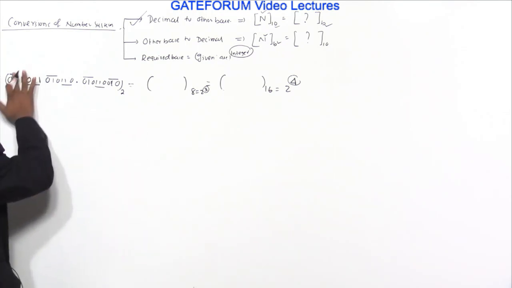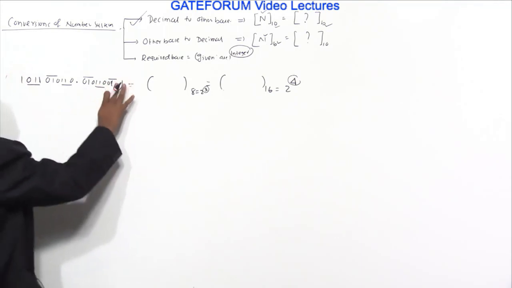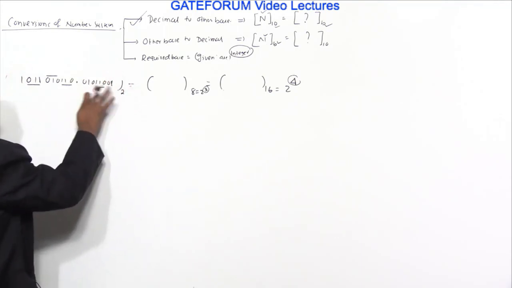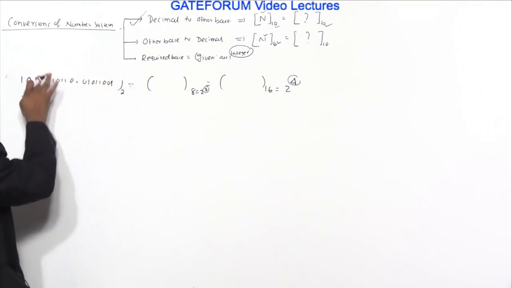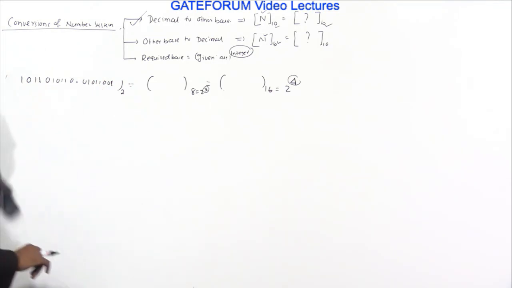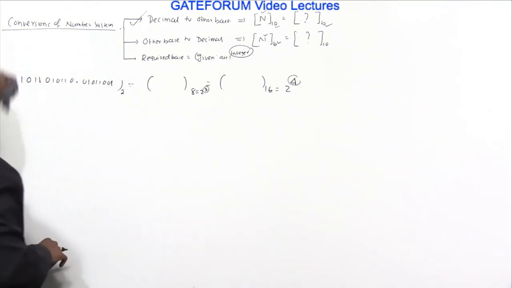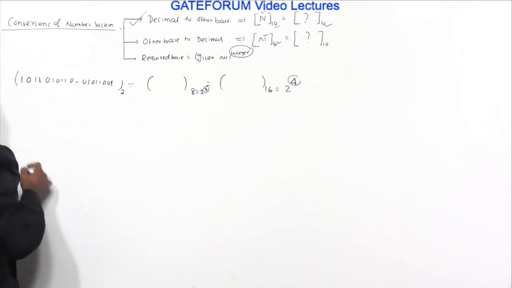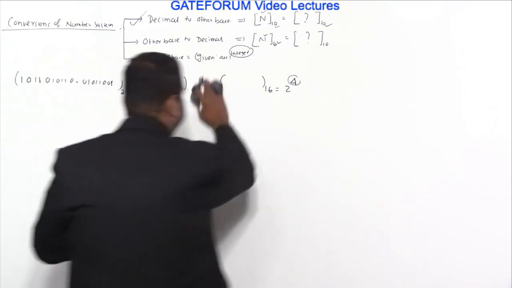So in this case, I have put this 0 and I have put this 0, right? So now let us obtain the hexadecimal equivalent of this. So the octal equivalent, how much did I get? Let me write it again.